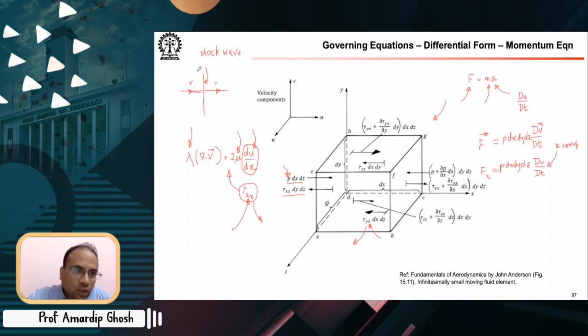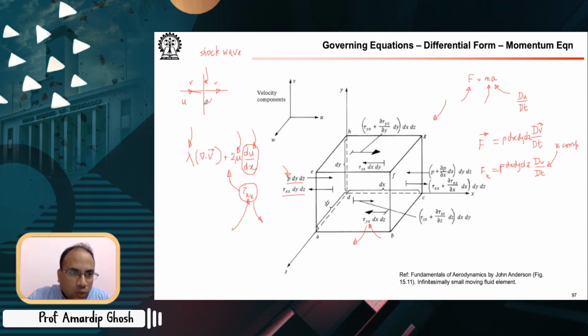The thickness of the shock wave is on the order of a few mean free paths of the molecule under the given circumstances. So this is a very thin region across which velocities change extremely rapidly. In that shock layer, your velocities are changing, so there are gradients of velocity in the direction of the flow. Here u has some value, here u has some other value, and du dx is extremely large.